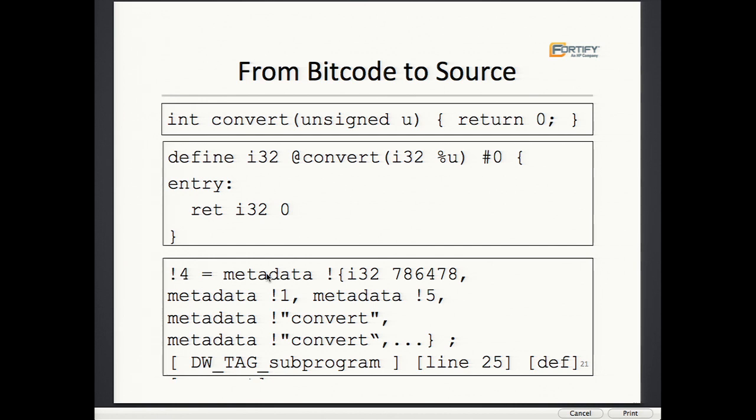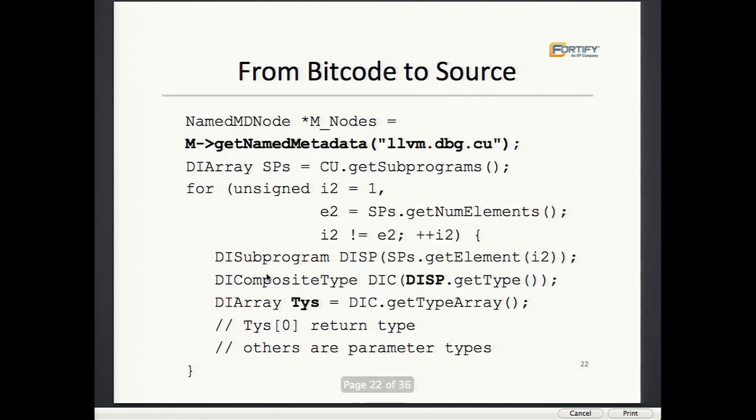However, LLVM has the debugging information metadata. This metadata describes what a function does. And there are API calls for the metadata which we can utilize to regain the information of the source code.